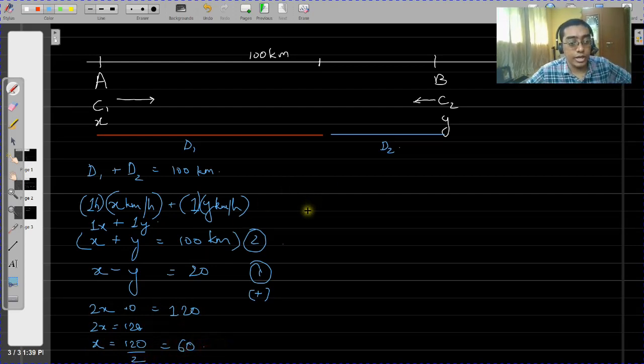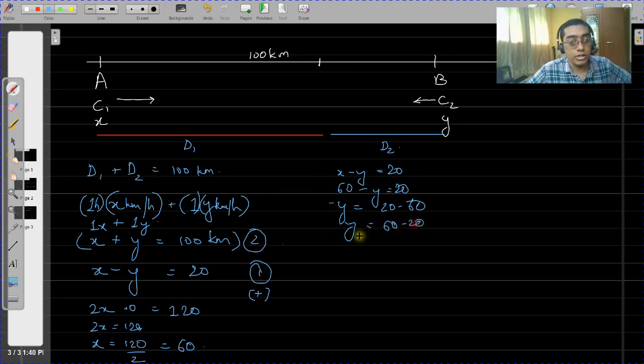Therefore we got x equals 60, and putting that in equation number 1, x minus y equals 20, 60 minus y equals 20, negative y equals 20 minus 60, or y equals 60 minus 20 equals 40.